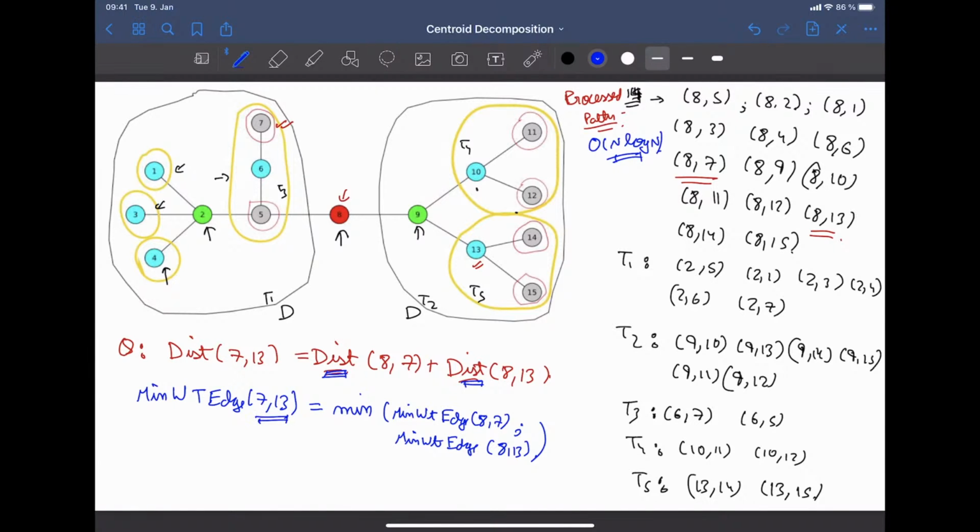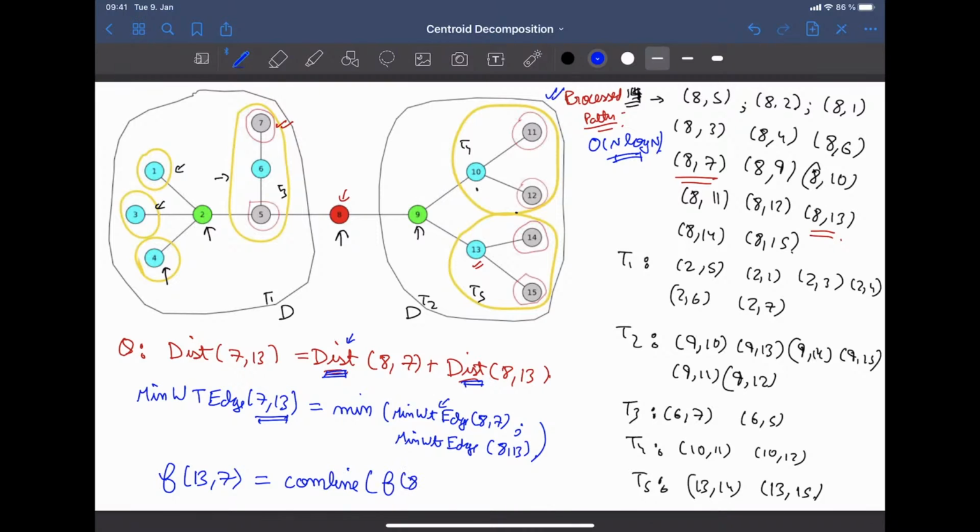This is the property of the centroid tree, that for the n log n paths you have processed, by processing I mean that you can compute their minimum weights, you can compute the distance, you can compute any function f, given some properties of the function f, any function f that you want to compute for 13 and 17, and which can be computed by combining the answers of smaller disjoint paths.